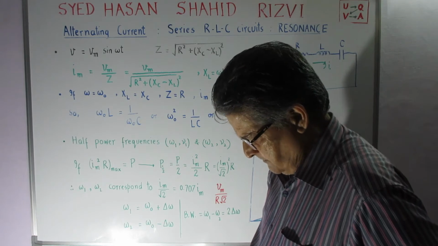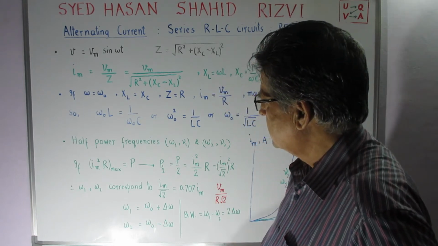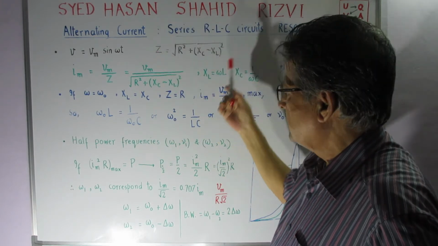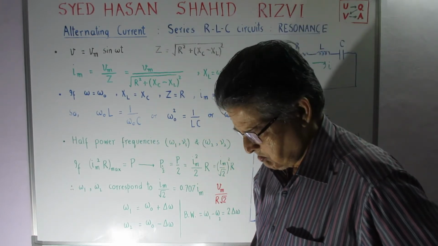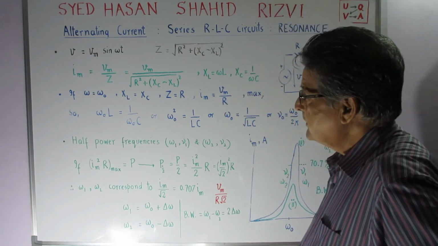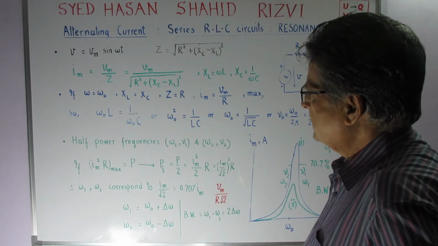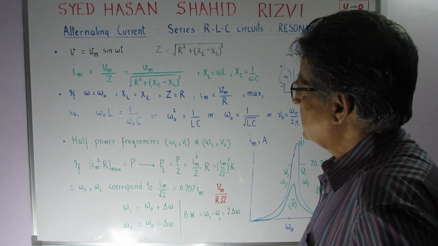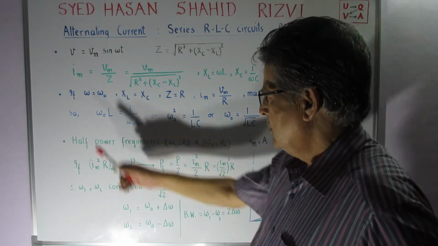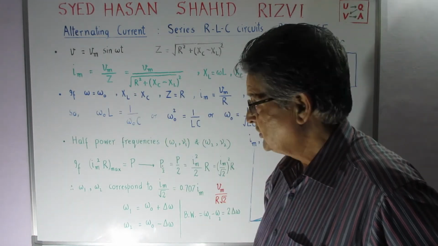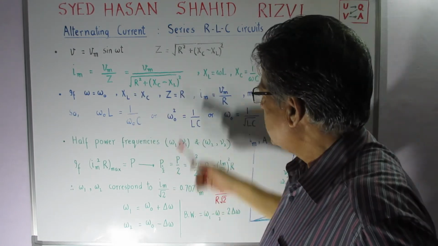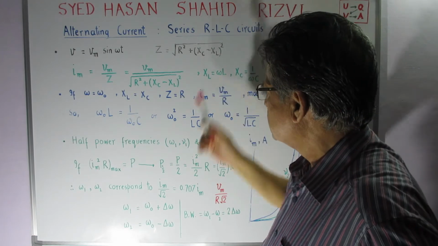Now what happens is that this value depends upon the value of omega, and if we choose a frequency omega is equal to omega naught such that XL is equal to Xc, then this cancels out, this becomes equal to 0.